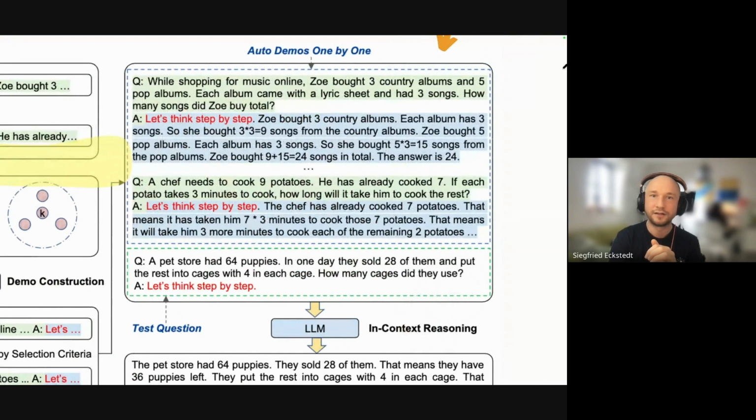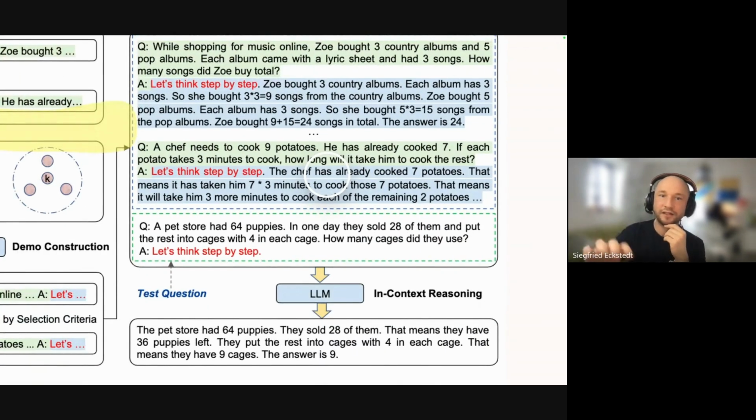And once you have created this question-answer pair, you can use that to feed it back into the prompt. So this assumes that you potentially have a couple of questions and you want to iterate on it and automatically create more of these question answer pairs.